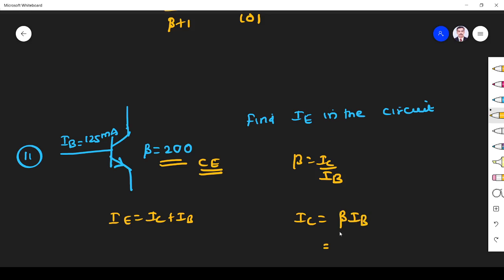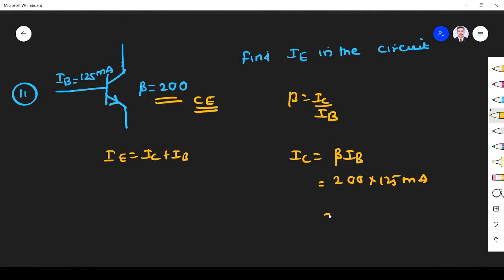If you find IC, it will be beta 200 times 125 microampere, so it will give 25 milliampere. So IC is 25 milliampere, IB is 125 microampere.